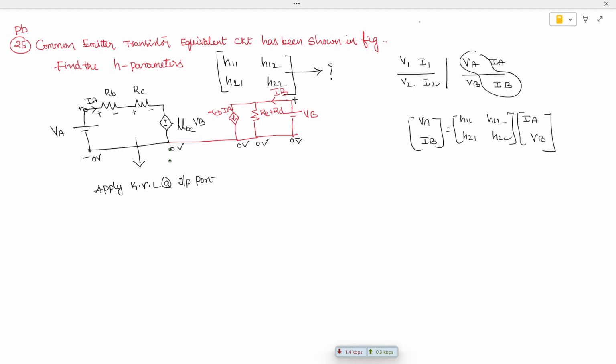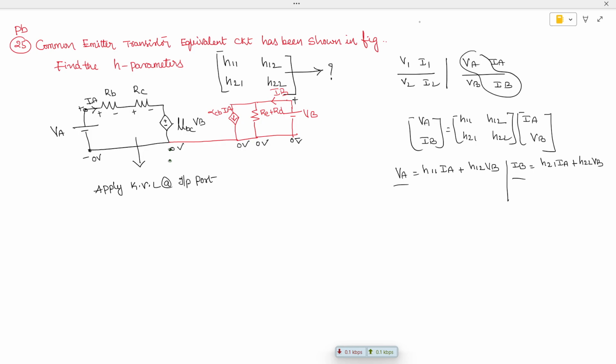The resultant we need is VA equal to H11 IA plus H12 VB. So this is the first equation, and the second equation is IB equal to H21 IA plus H22 VB. We want to express in these two formats and variables.